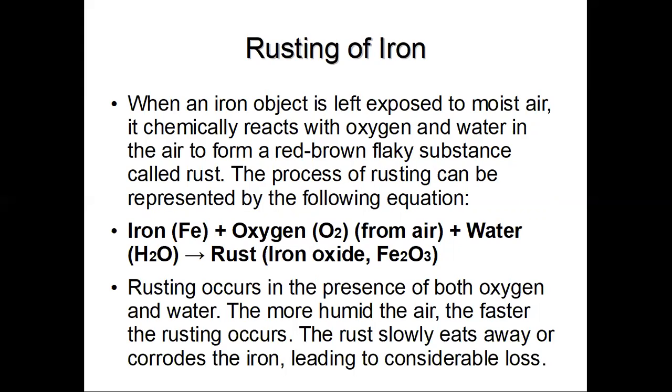The process of rusting can be represented by the following equation: iron (Fe) plus oxygen (O2) from air, plus water (H2O) makes rust, which is also known as iron oxide, and the chemical formula is Fe2O3. Rusting occurs in the presence of both oxygen and water.